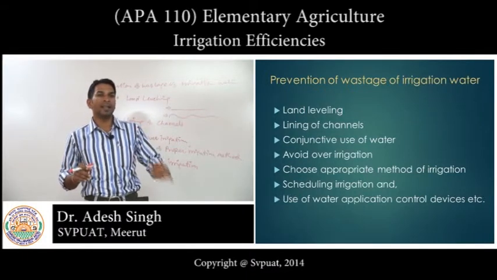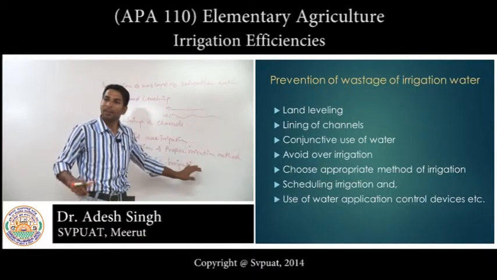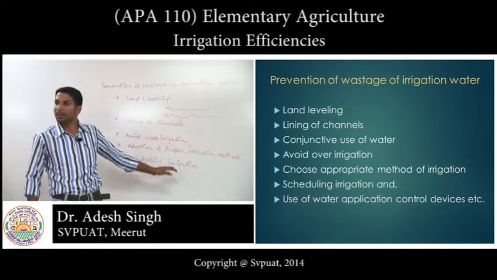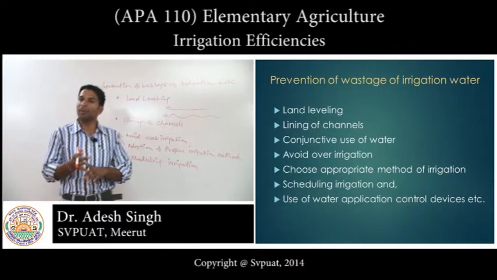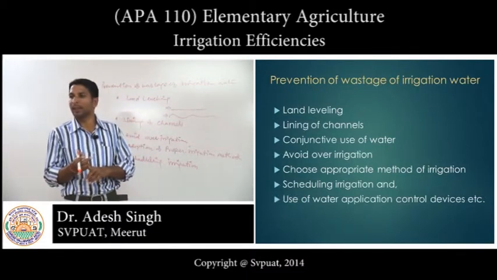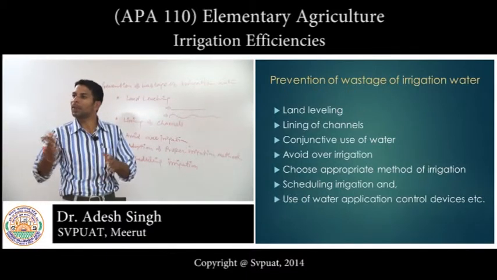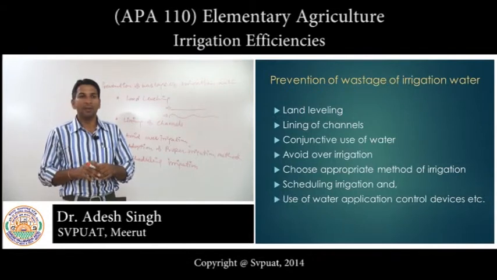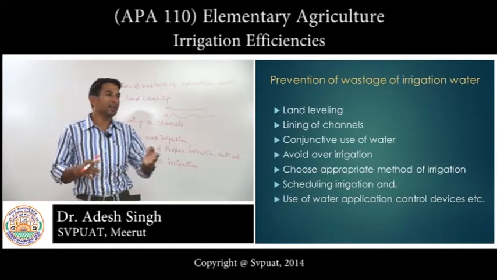So in a nutshell, water is applied either on the basis of the soil conditions or on the basis of the plant characteristics, the physical appearance of the plants, or by using certain instruments.